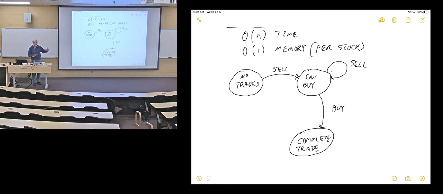But then someone says, I'll buy it for 20. That's not going to cause me to get a completed trade. But if they said, I'll buy it for 60, that's a completed trade. So I'm going to transition to a new state if I have a buy order and I like the price. And I like the price if I make a profit.